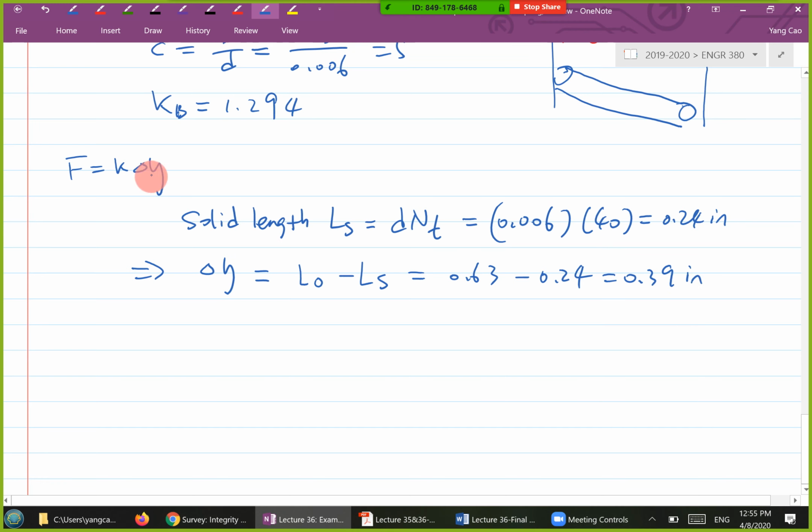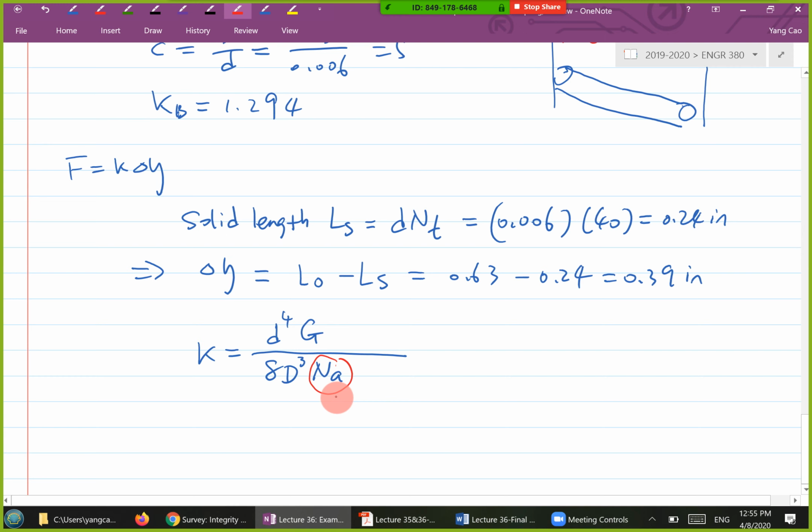Good. So we got delta Y now. Now let's figure out the spring stiffness. Spring stiffness is that formula I showed you at the beginning of the lecture. And again, now you need to be careful. This is not NT, this is NA.